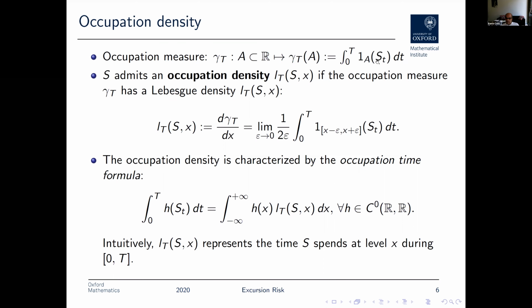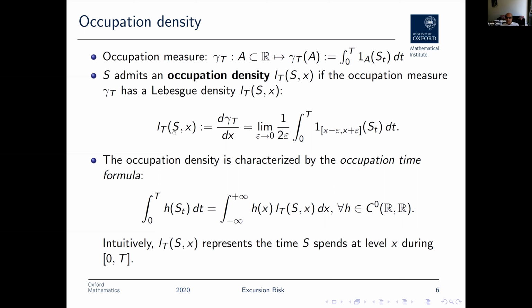Okay, so this is a measure. It satisfies all the properties of a measure on the real line. If it has a density, L_t, we will call this the occupation density of the path. The density will be a function of x.